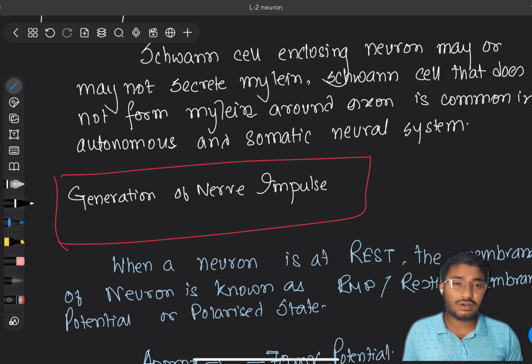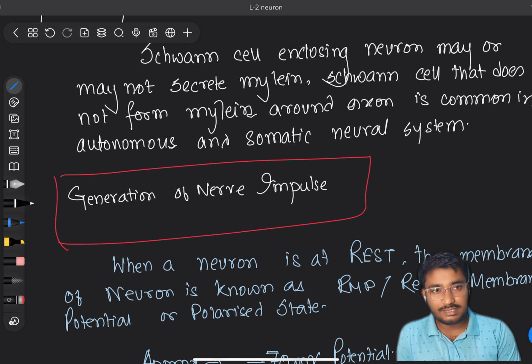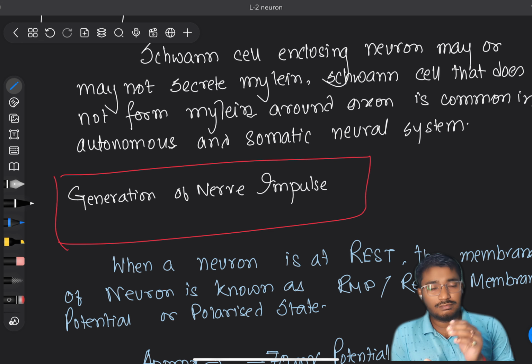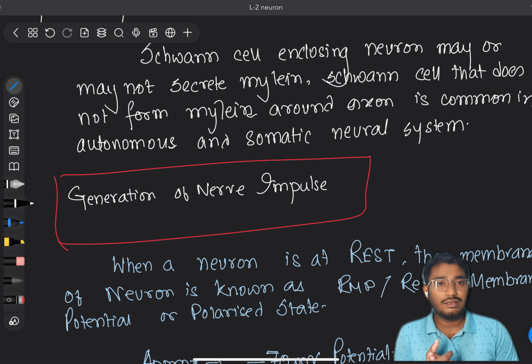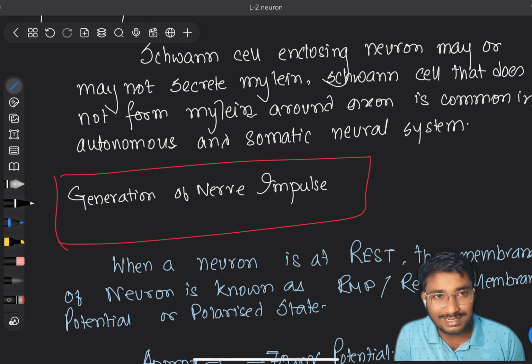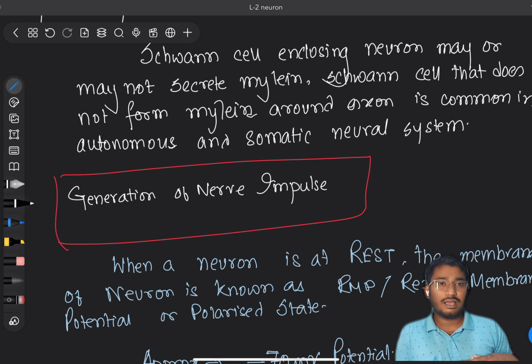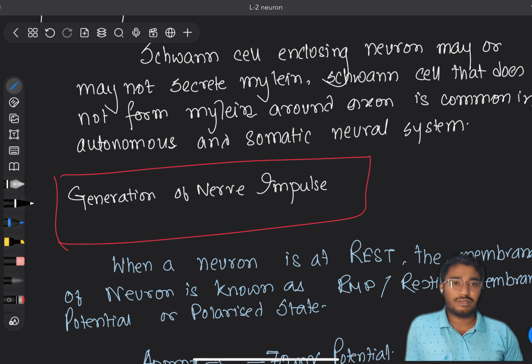It's a bit complex if you don't understand it, but if you get to understand it, it's a very scoring chapter, while it will reduce the competition, because many students get negative marking on this topic, because they don't understand and try to memorize without understanding. So understand this topic, and I think you will get through it.